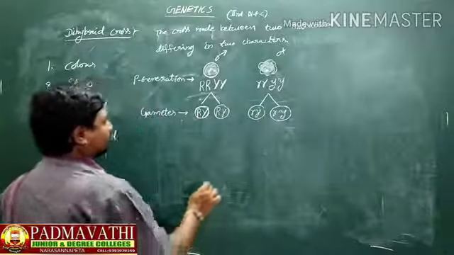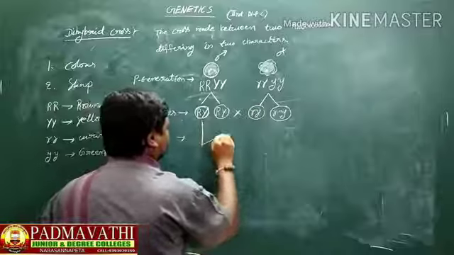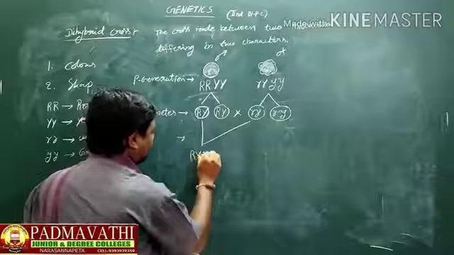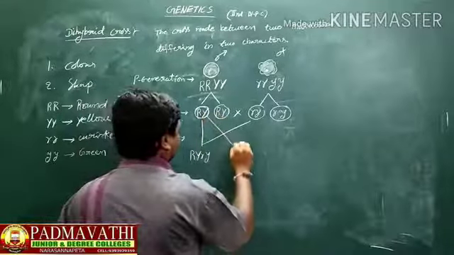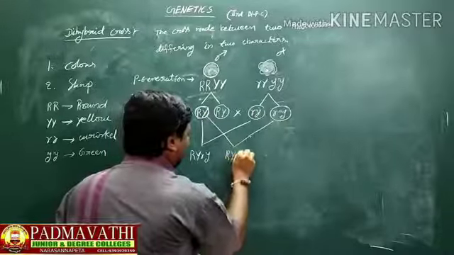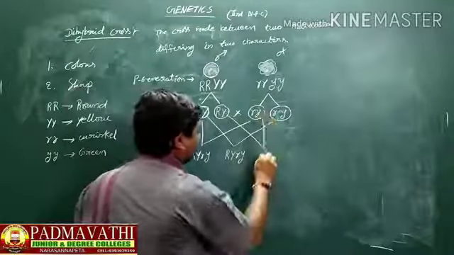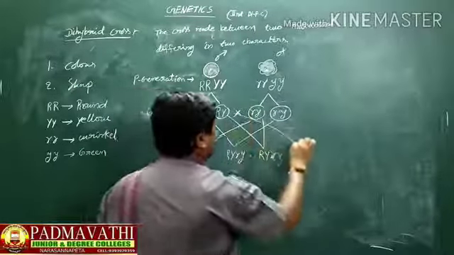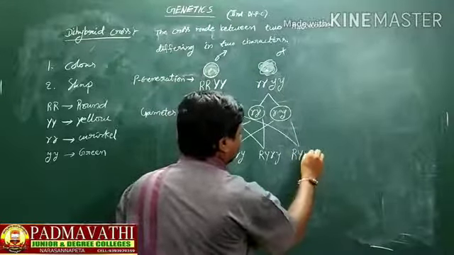Now, fuse them. Big R big Y with small r small y. Here big R big Y, small r small y. Next, big R big Y and small r small y. Big R big Y and small r small y.